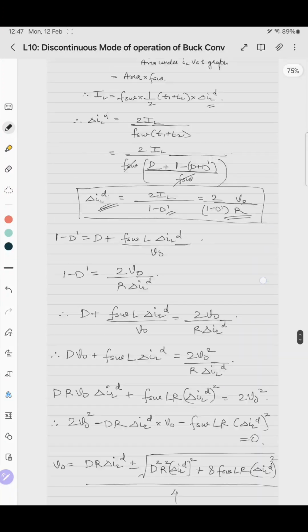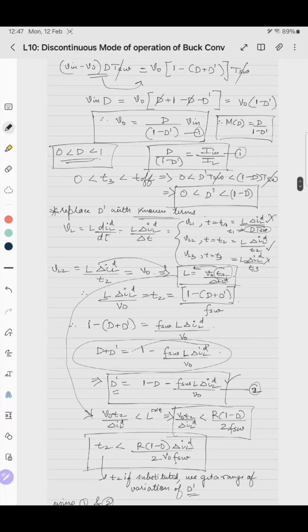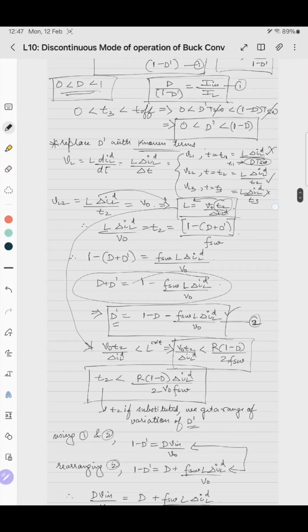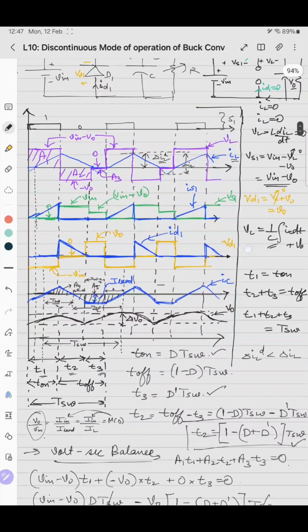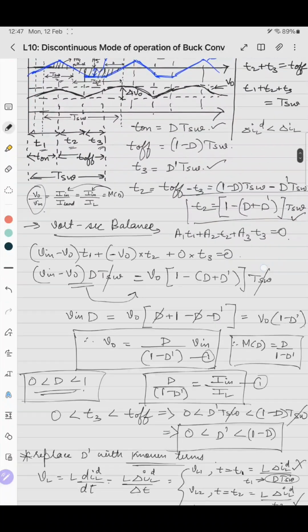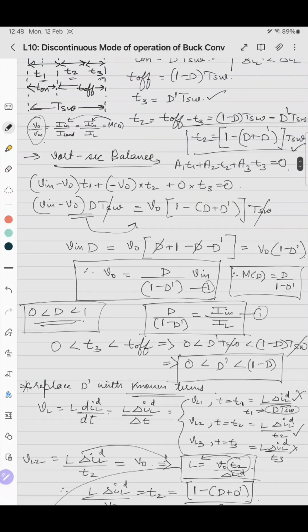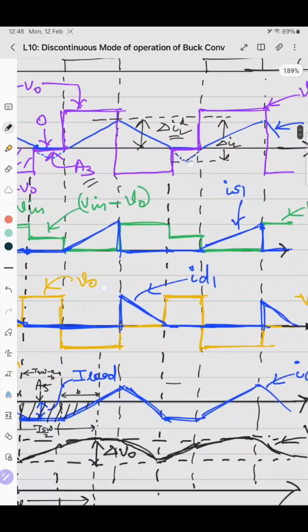In this lecture we derived the condition of discontinuity using L critical, where L is less than L critical. We assumed there is a new state, A3, with time T3, which is some D dash times T switching. With this we got delta IL of D, which is not equal to delta IL, which is less than delta IL.